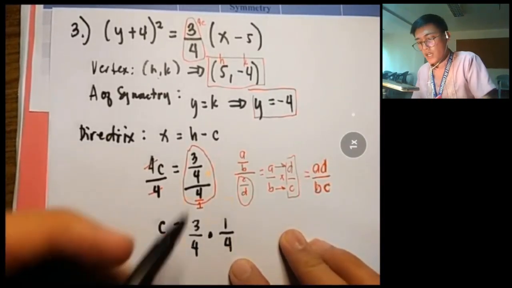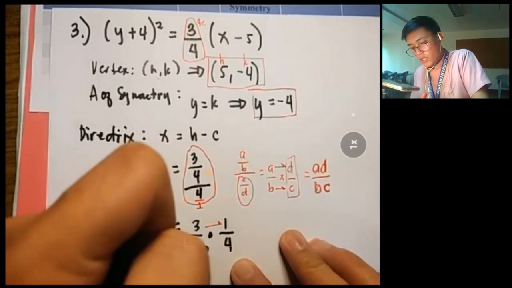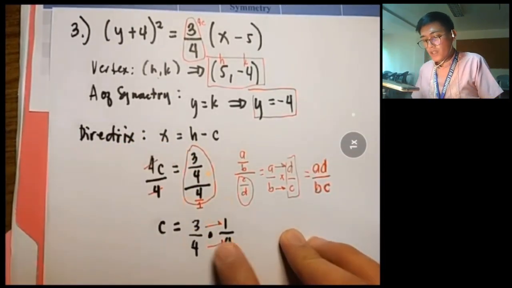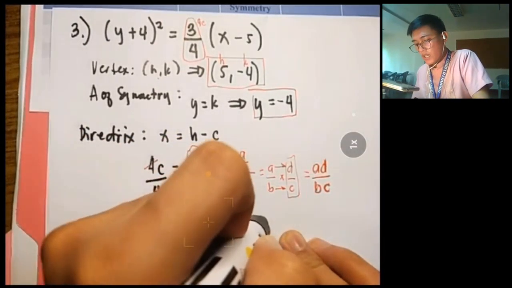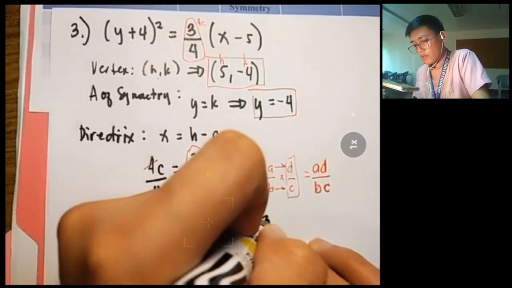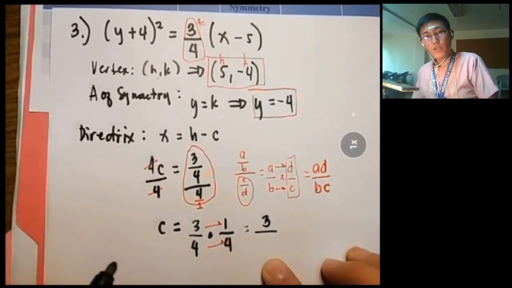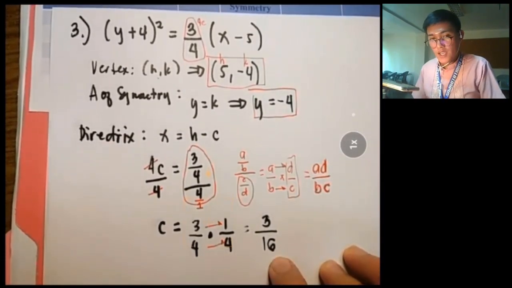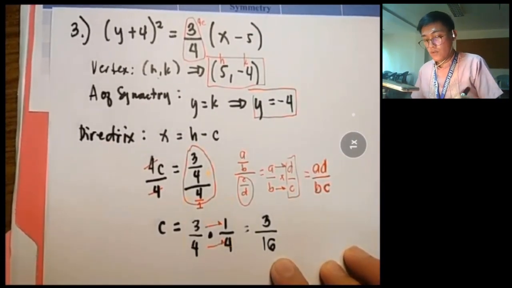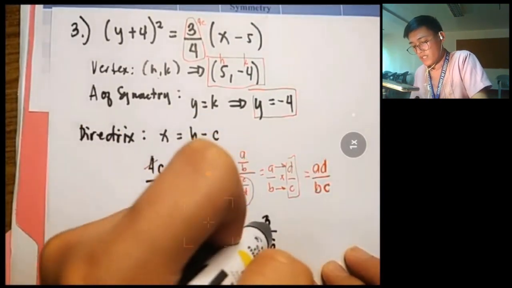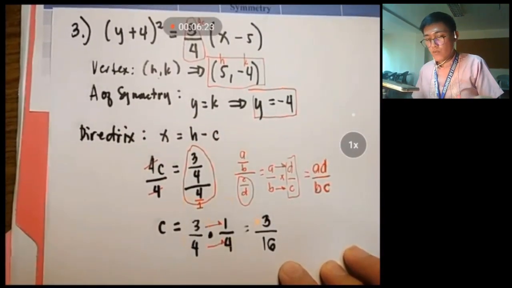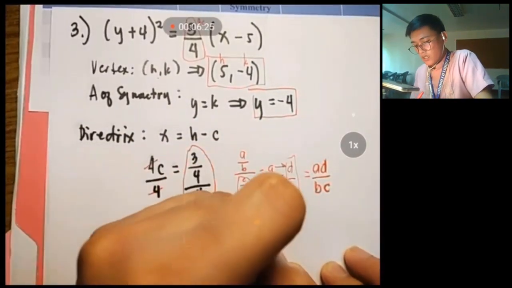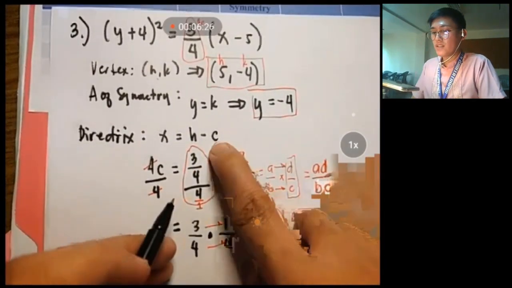Then we just do direct multiplication. 3 times 1 is equal to 3, and 4 times 4 is 16. Now, take a look if there is a lowest term. There is none. So, 3 over 16 is our letter c, and we should put that in this letter c here.